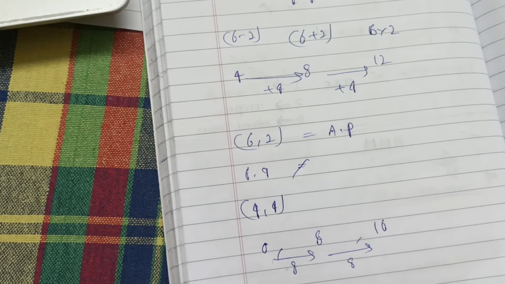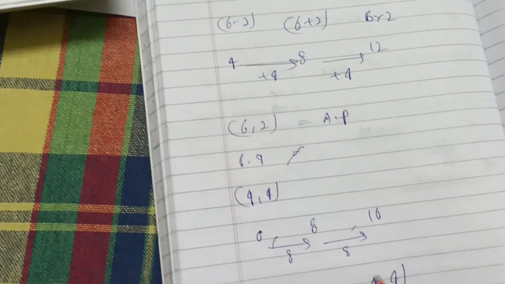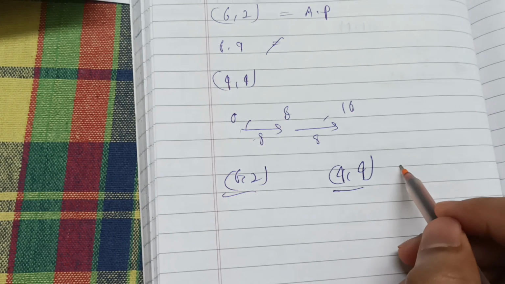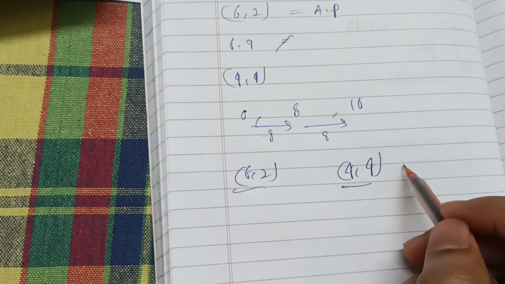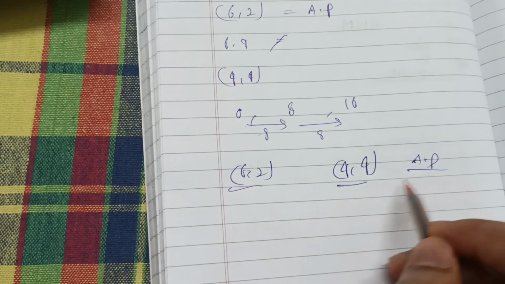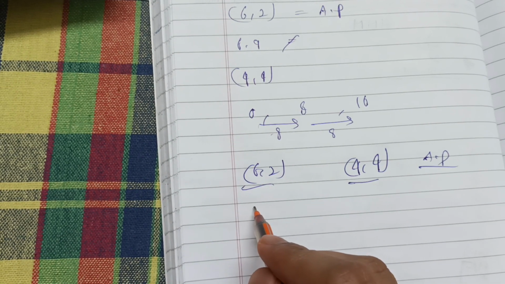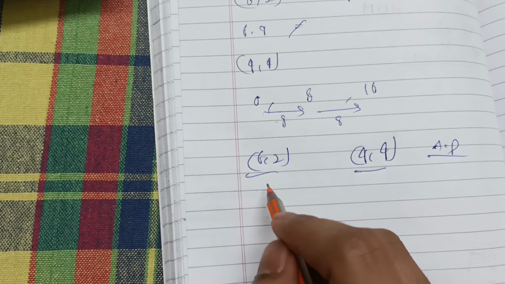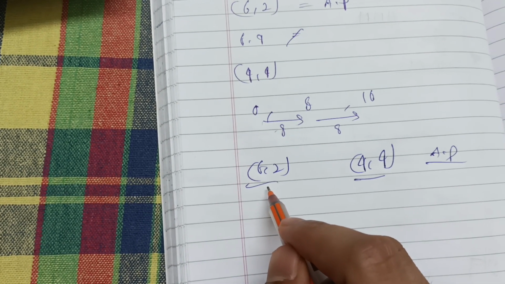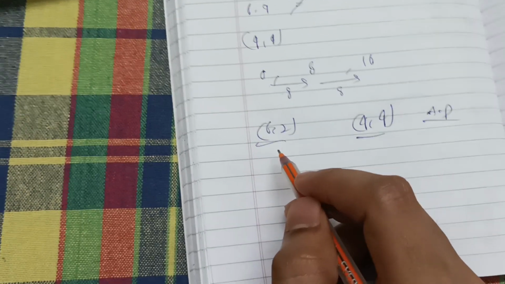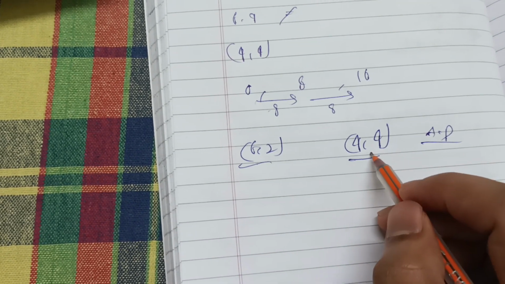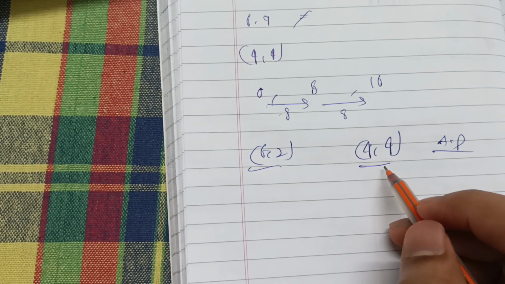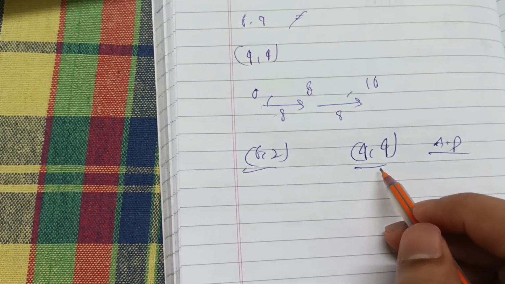So these two pairs, 6, 2 and 4, 4, can give AP, but the remaining pairs cannot give AP. So you have to count the number of ways 6, 2 and 4 are present in the array.